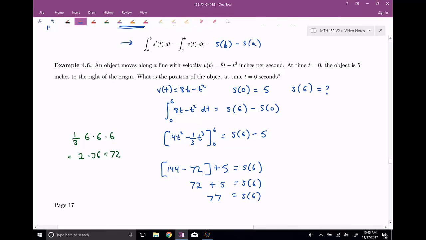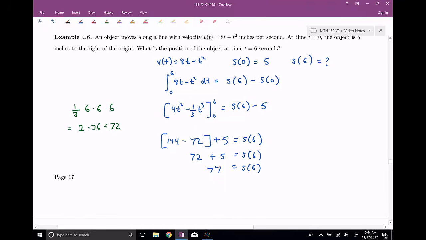Originally it was 5 inches to the right of the origin. So I'm going to say that it's 77 inches to the right of the origin. Again, 77 inches to the right of the origin. And that would be my final answer.